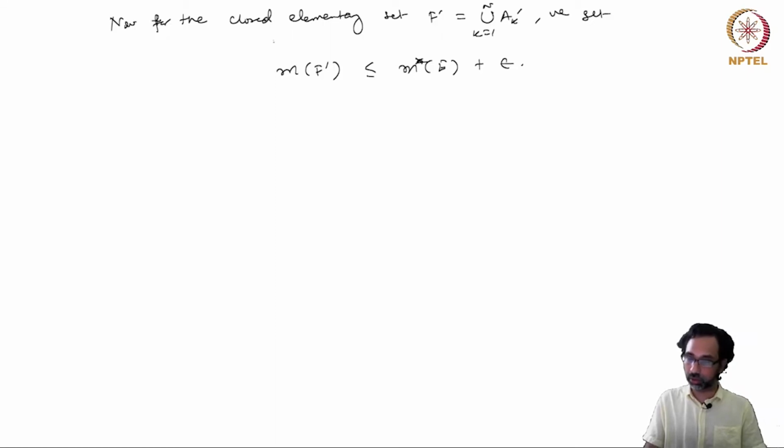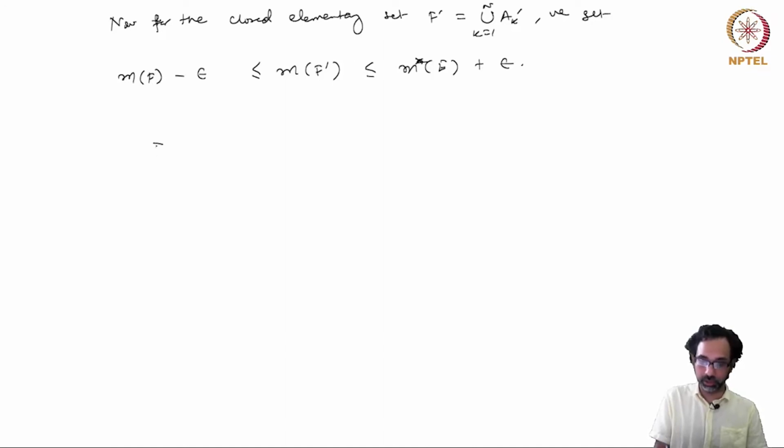So for the closed elementary set F prime, we can write this inequality, and m of F prime is then bounded below by m F minus epsilon. So this implies that m F is bounded above by m star E plus 2 epsilon.